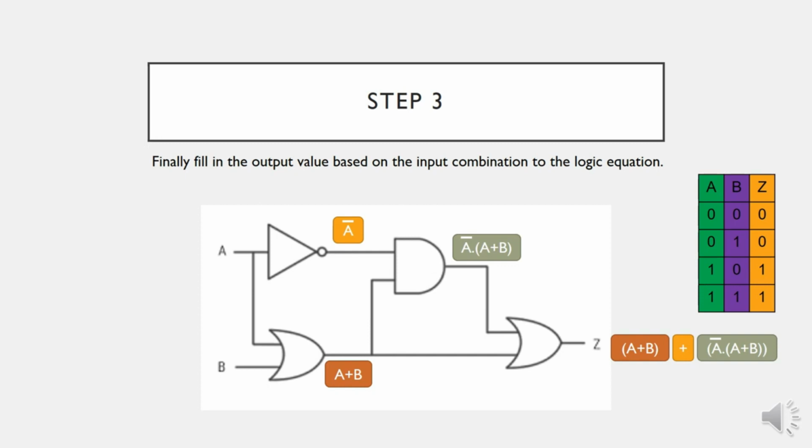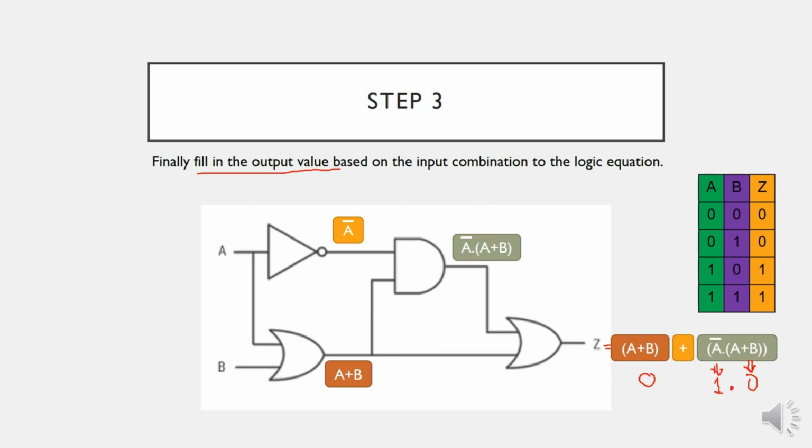In the final step, we have to fill in the output values based on the input combinations and the logic equation. What this means is, for this Z, A or B with 0, 0 will become 0. And this is also A or B, which becomes 0. A is 0 and A bar is equal to 1.